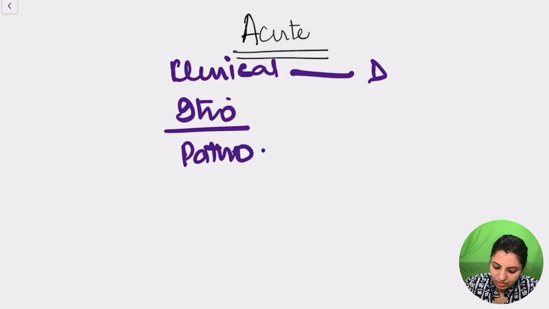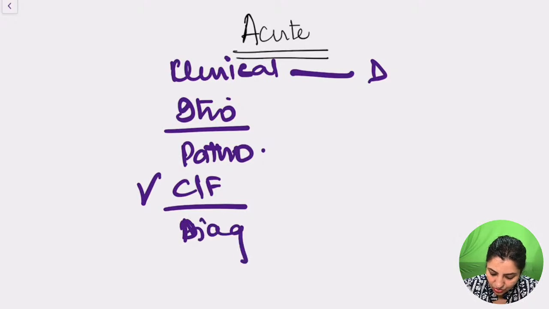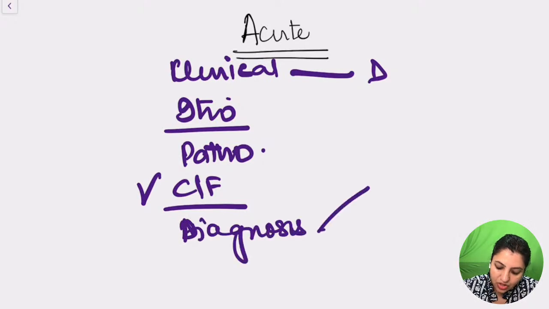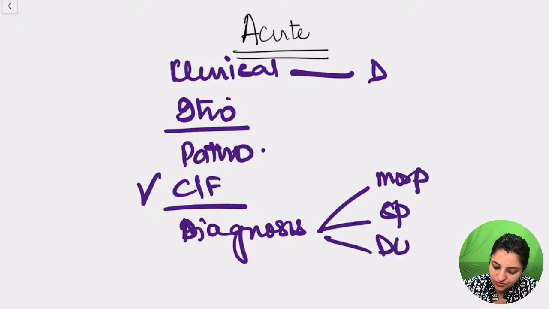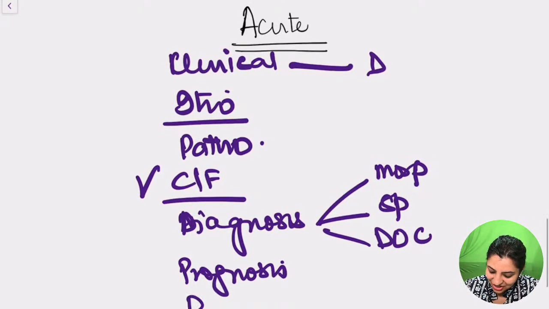Now remember the clinical features; write those too. Then diagnosis. In diagnosis, always write three headings: what is the morphology, what is the special test, and what is the diagnosis of choice. If you write prognosis, even if you don't know it, make a chart and write something. And treatment, of course, if you know something, otherwise you can leave it. That's how you approach a case of acute leukemia. I hope you have understood.